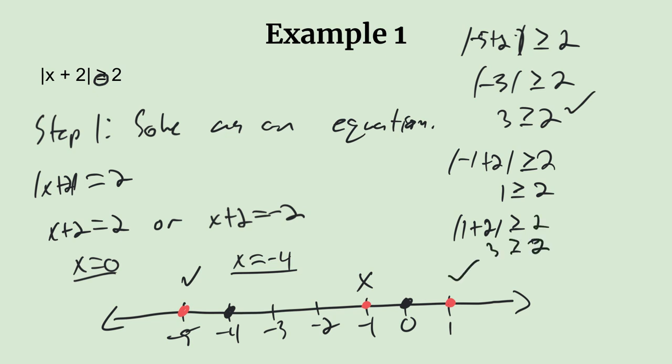And that one does check. So what that tells us about our answer then is all the answers to the right of the 0 and all the answers to the left of the 0 work for this inequality.